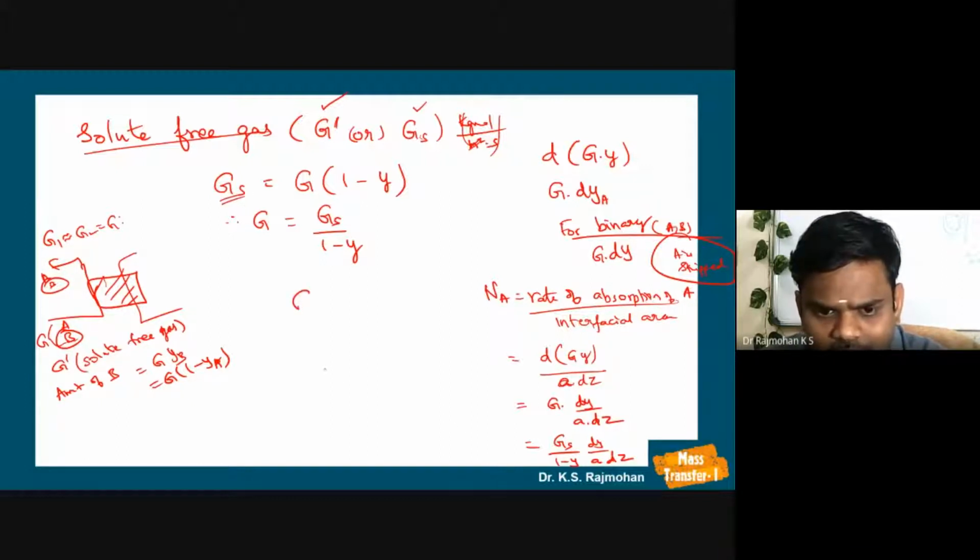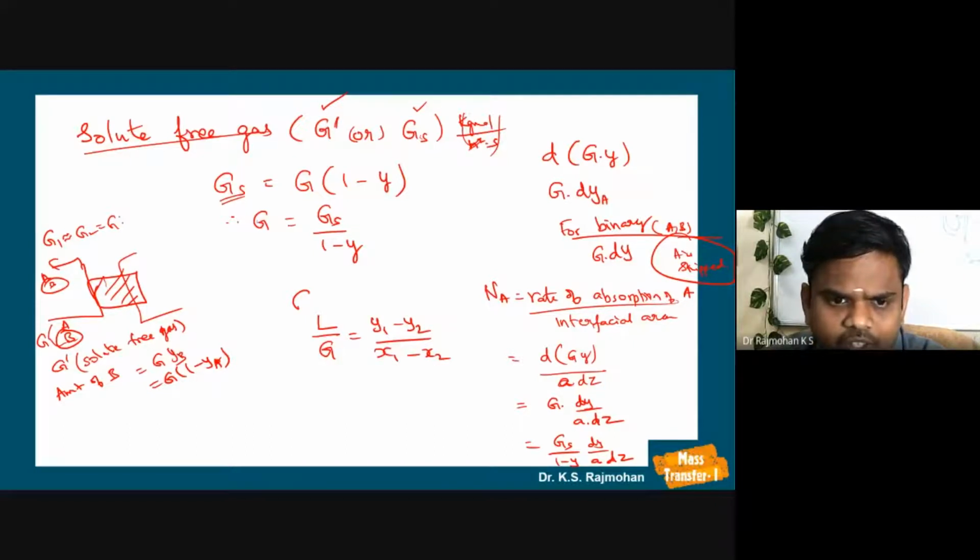Earlier we had the material balance as L by G equal to Y1 minus Y2 by X1 minus X2. Now we want to express it in terms of solute free gas and solute free liquid. L is total liquid. LS refers to solute free liquid, and G or GS refers to solute free gas.